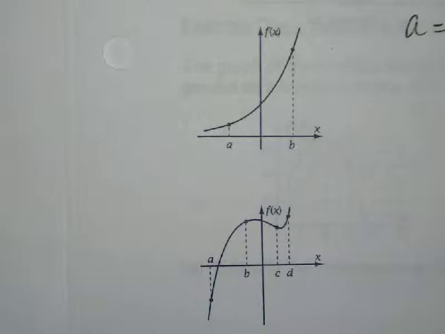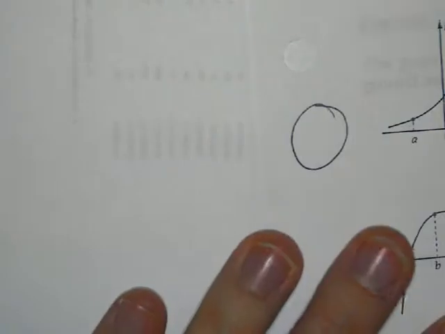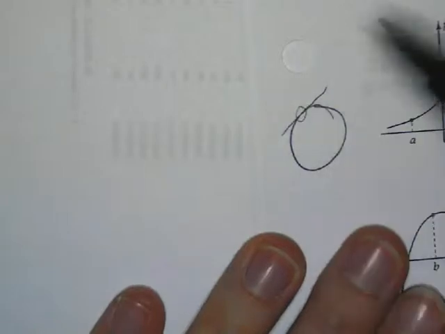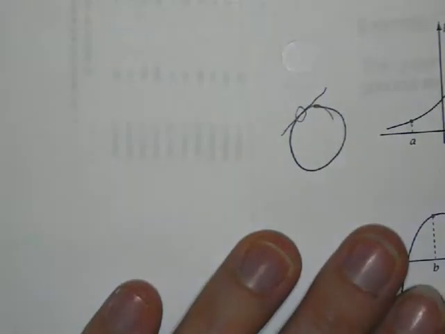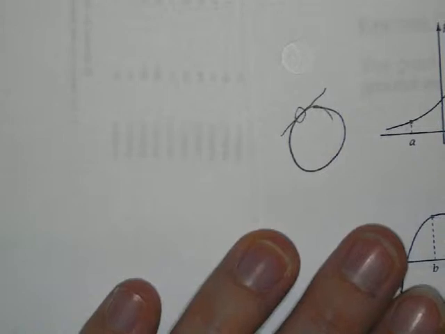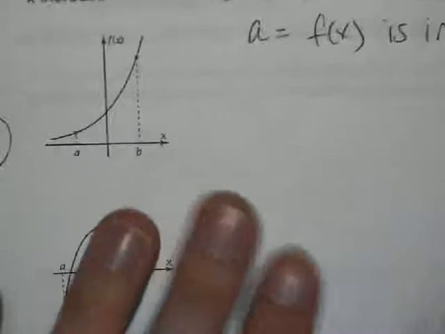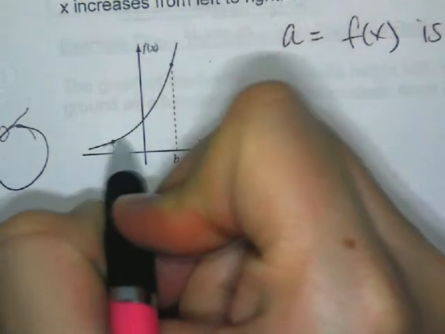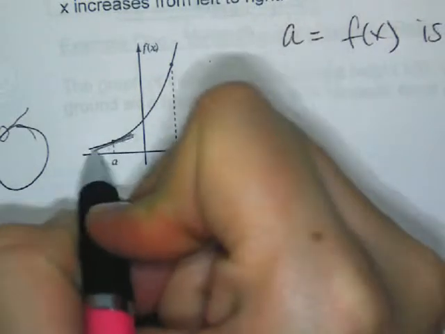You probably talked about this in geometry, but when you're talking about a tangent line, like if you're looking at a circle, a line tangent to that circle is a line that just touches once. It's not really the same tangent as in SOHCAHTOA. So when you're looking at a curve like this, I like to draw a tangent line that kind of follows the slope of the curve.